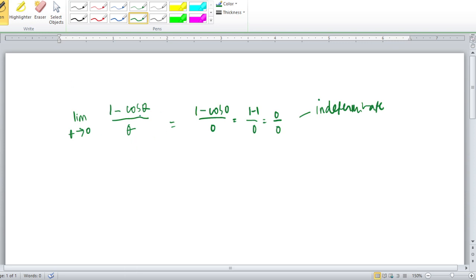We cannot factor out the theta here. So, ano ba yung conjugate ni 1 minus cosine theta? So, the conjugate is 1 plus cosine theta. Papalitan mo lang yung operation niya. So, instead of negative, positive. Yan yung conjugate. So, 1 plus cosine theta over 1 plus cosine theta, which is equivalent to 1 naman, di ba?